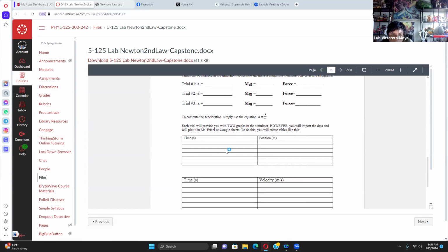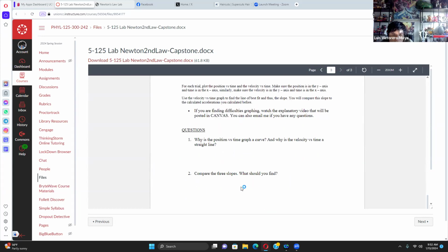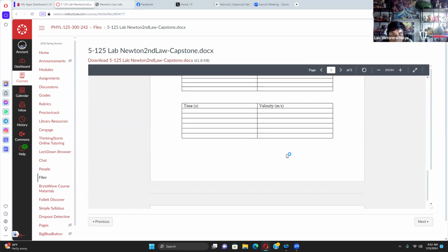And then you're gonna have to do a few plots, position versus time and velocity versus time. The velocity versus time graph will be used to find the experimental acceleration, which then you will use to do comparisons and then to answer the questions at the end of the lab.